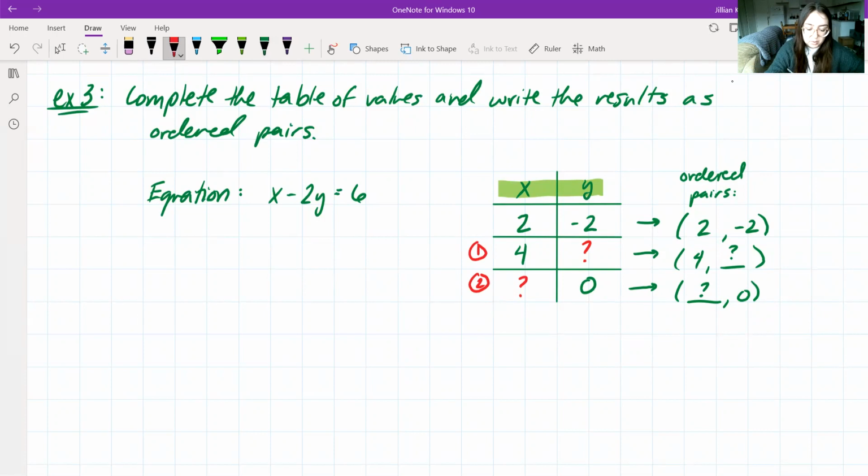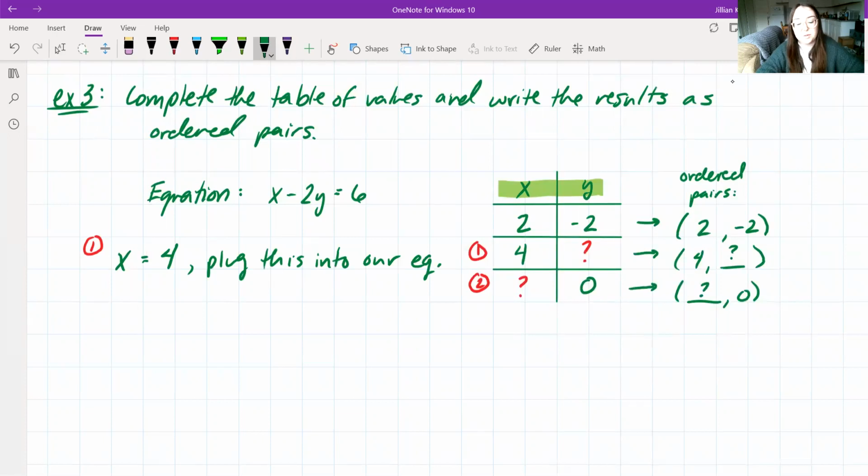So for number 1 here, we're plugging in x equals 4. So x equals 4, and we're going to plug this into our equation. And I'm going to write EQ for equation.